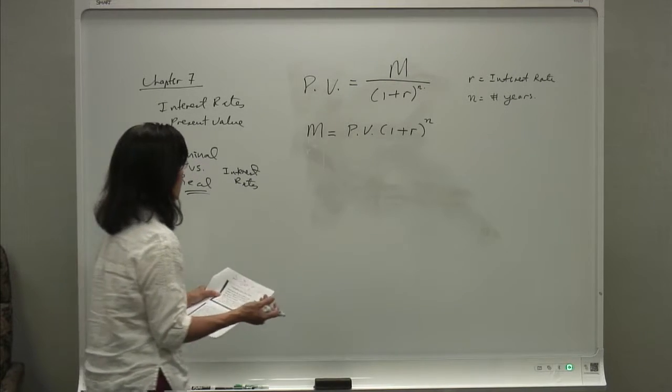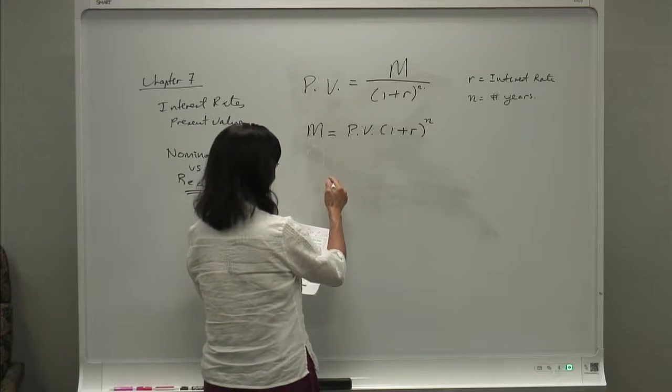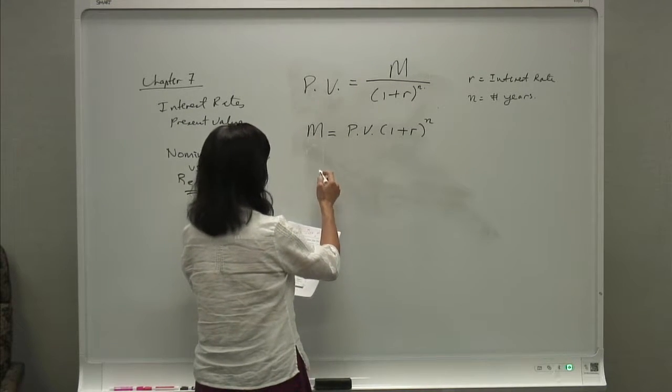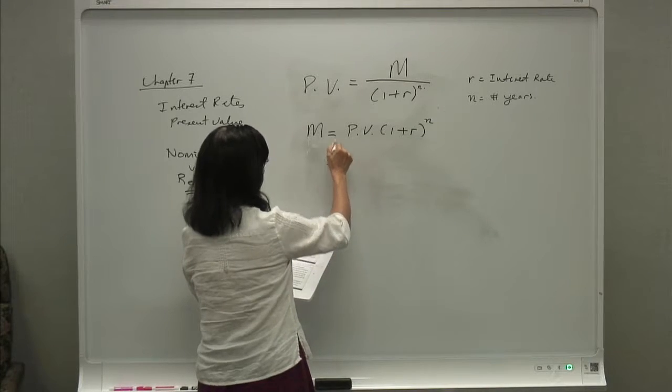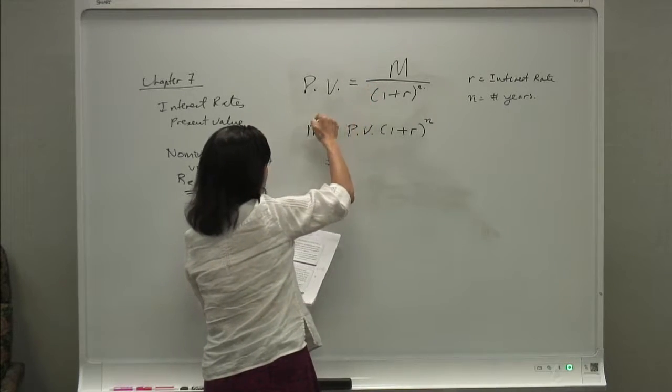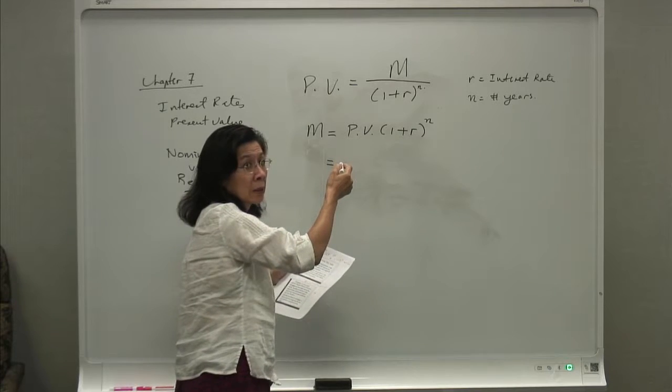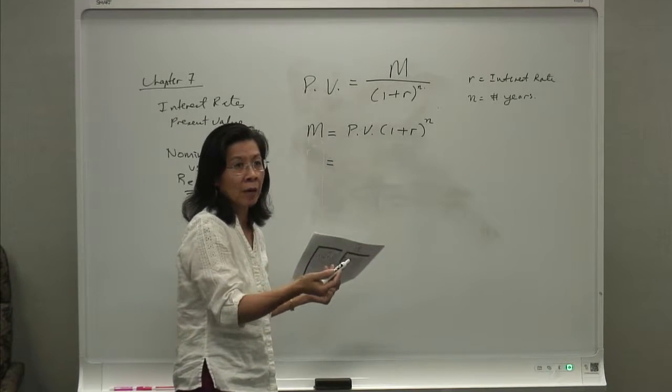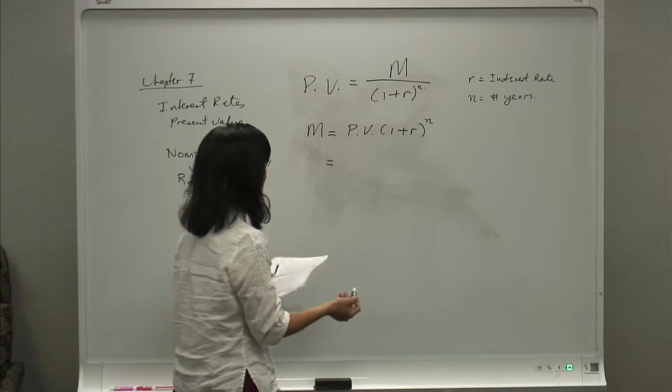Let's work on that. So you want to look at how much that future payment will be after 5 years at a 5% interest rate if you put it in a bank.